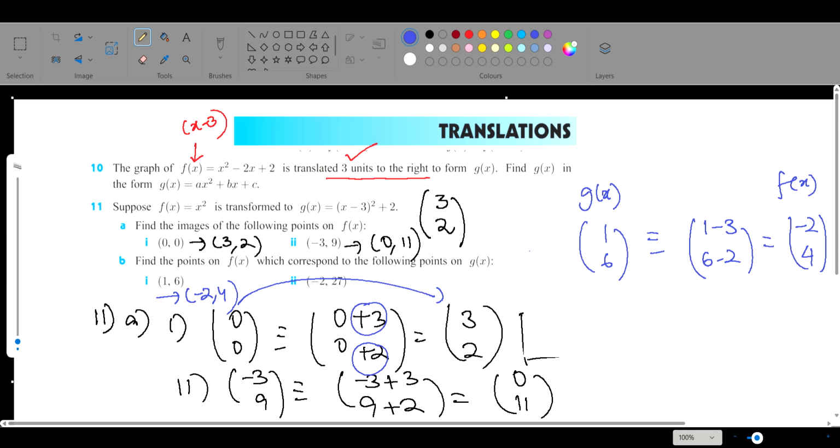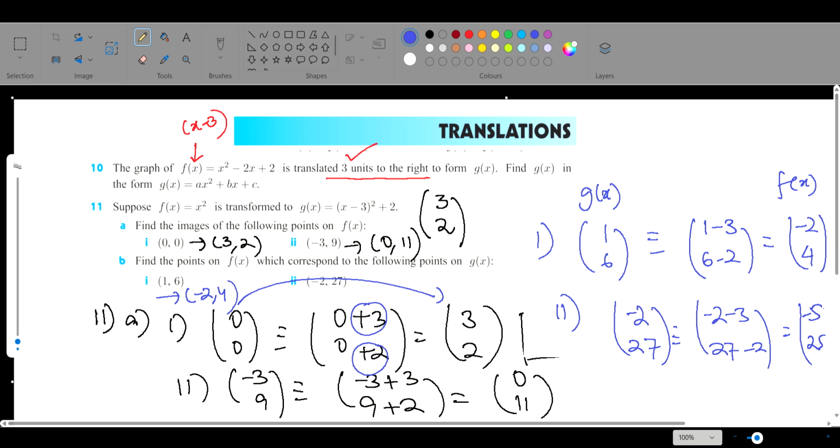And the next one is (minus 2, 27). So that will be minus 2 minus 3, which is minus 5. 27 minus 2 is positive 25.